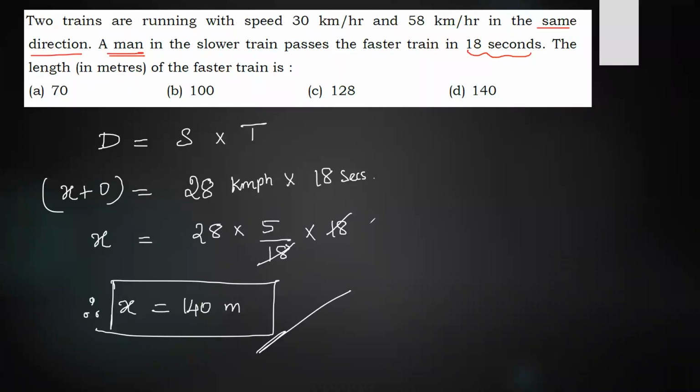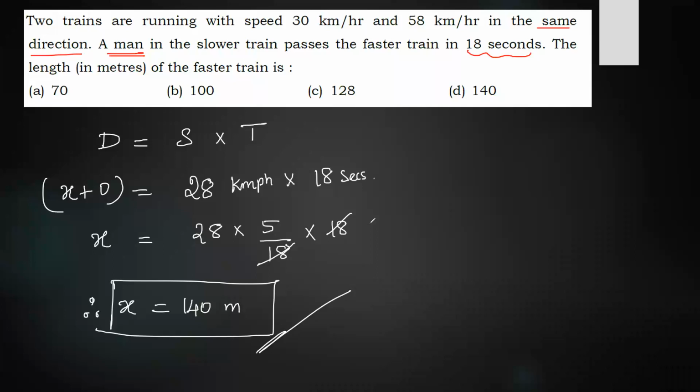A man who sits in the slow train passes the faster train. That means the faster train crosses the person in 18 seconds. That is the meaning there. The faster train crosses the person in the slow train, so for train length we apply only the faster train's length.